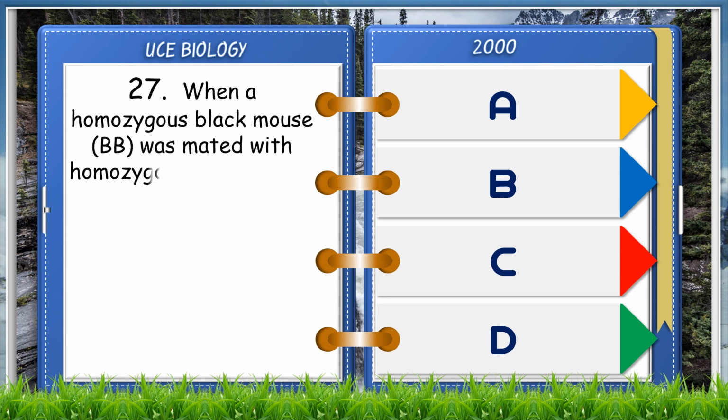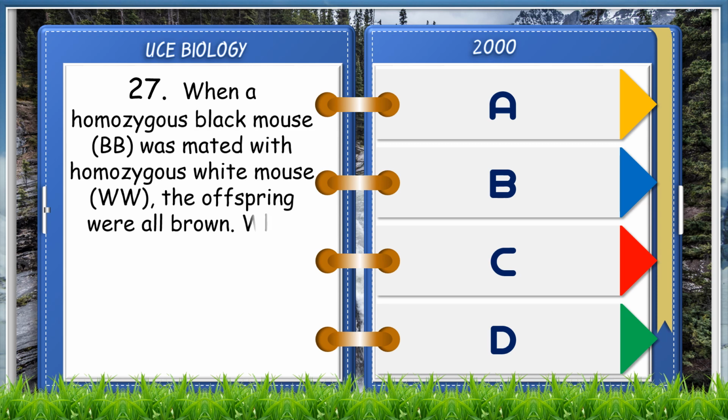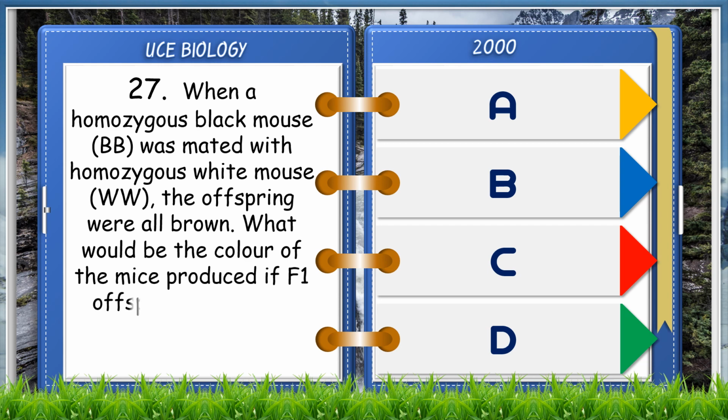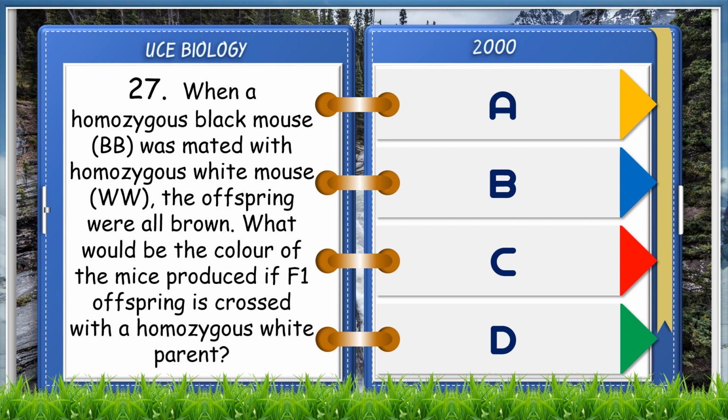When a homozygous black mouse was mated with a homozygous white mouse, the offspring were all brown. What would be the color of the mice produced if the F1 offspring is crossed with a homozygous white parent?